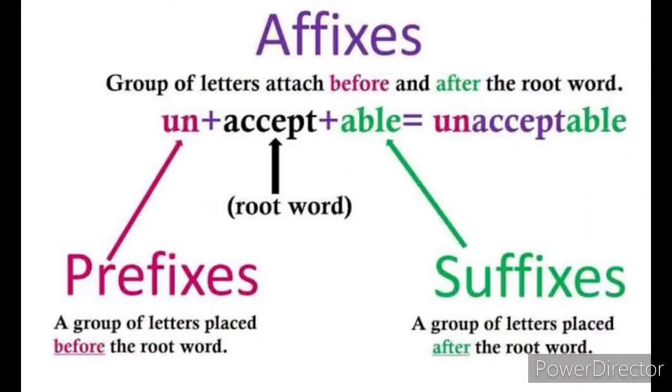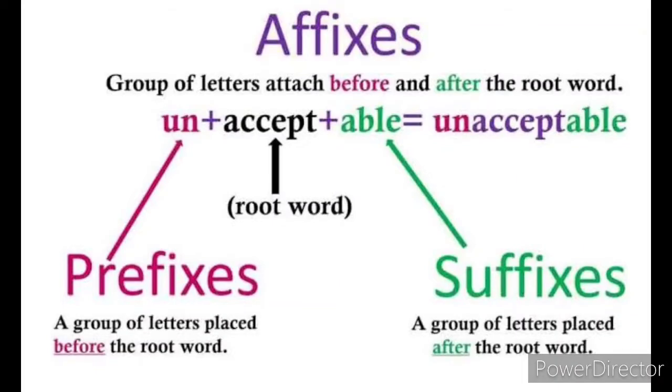Picture a group of letters attached before or after the root word, that is known as prefix and suffix. So look at the root word here, accept. We are adding un as prefix, able as suffix. A group of letters placed before the root word, that is prefix.